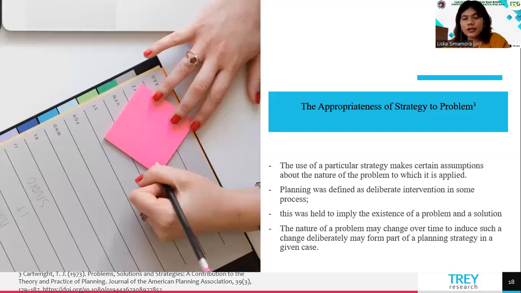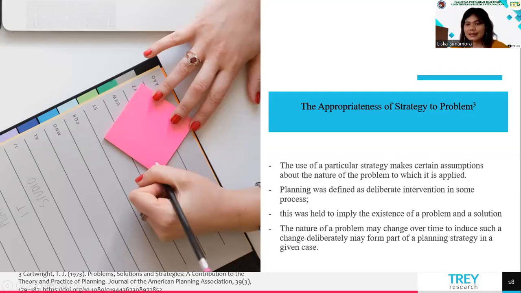Now let's talk about the appropriateness of a strategy to a problem. Strategy is the solution, right? Strategy is how you will implement the solution. Of course, in order to implement the solution, you will have the strategy. The use of a particular strategy makes certain assumptions, as mentioned in the previous slides. Planning was defined as deliberate intervention in some process.